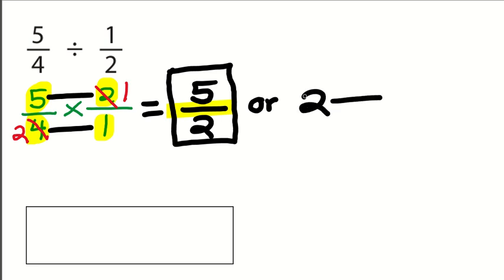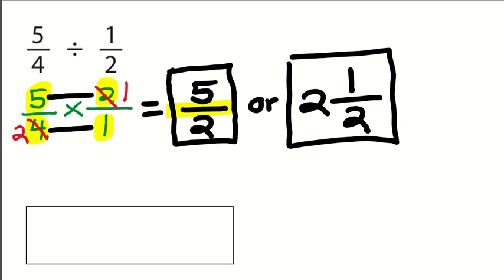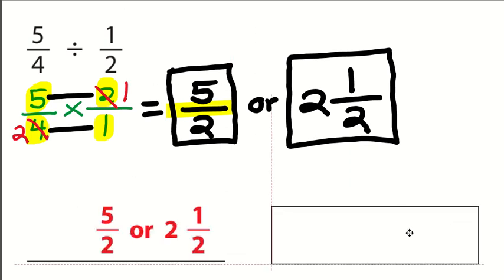And then there'll be a remainder of 1, and then the denominator stays the same. So 2 and 1/2 is going to be our mixed number answer. And just to make sure, we can see that both of those answers do work.